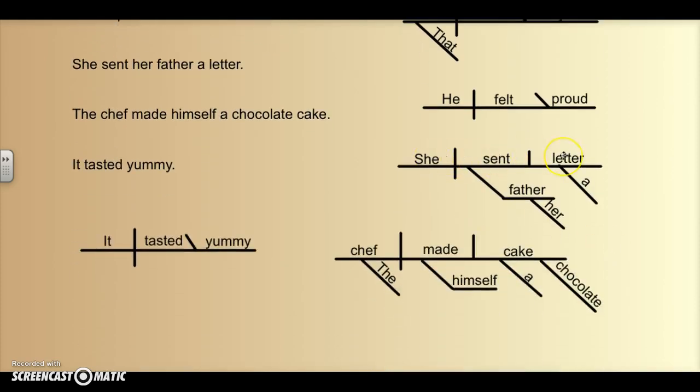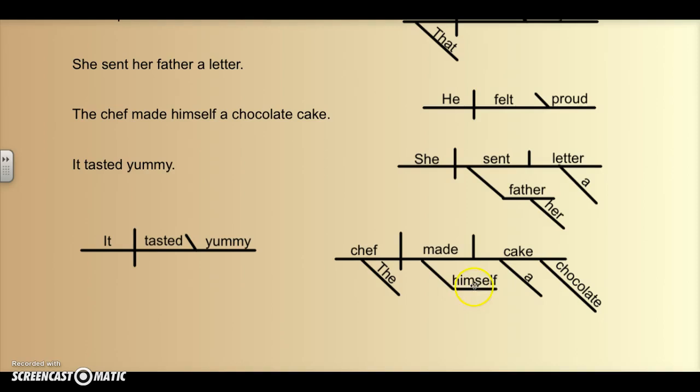She sent a letter. The letter is what is getting sent. It's to or for her father. So father is your indirect object, again on a horizontal line because it's a noun. And a is your article modifying letter, her personal pronoun modifying father. The chef made a cake. Cake is what is getting made.